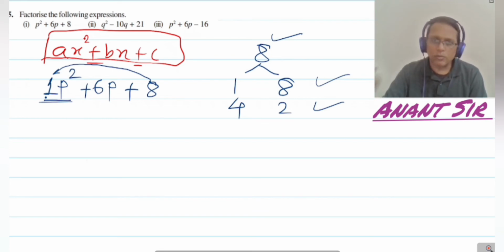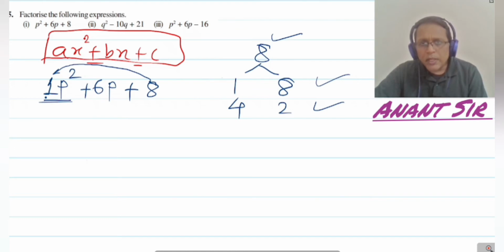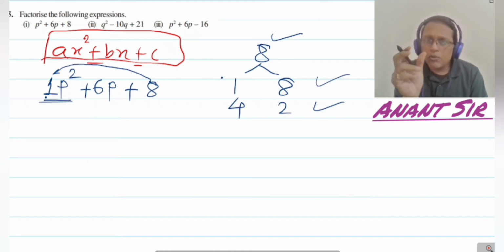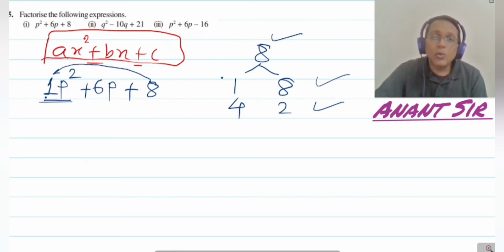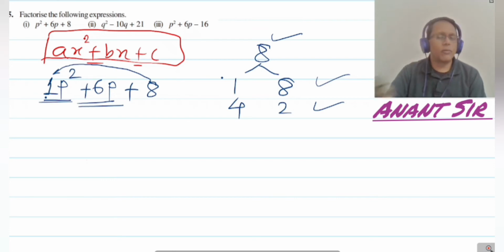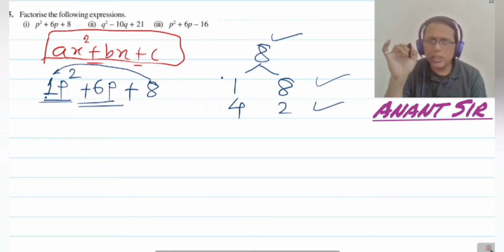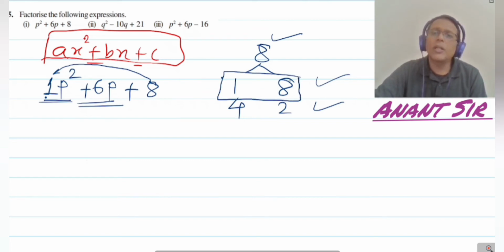Which pair to use? If you use the first pair, the numbers in the first pair, if you add or subtract them, then you should get the middle term as the answer. Forget about the signs, just think about the numbers. If you add the numbers in the first pair, what will be the answer? 9.